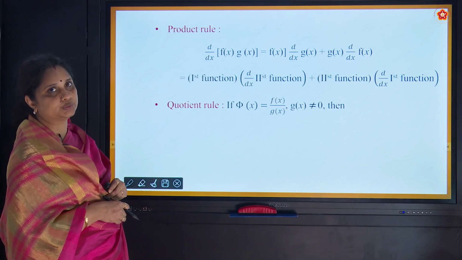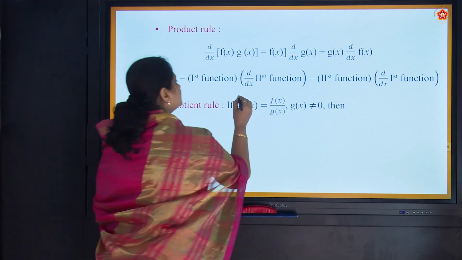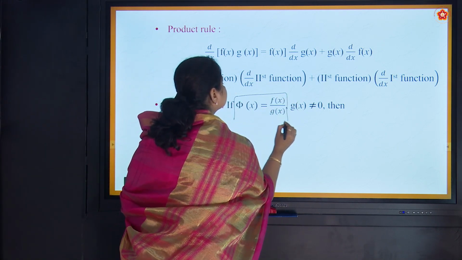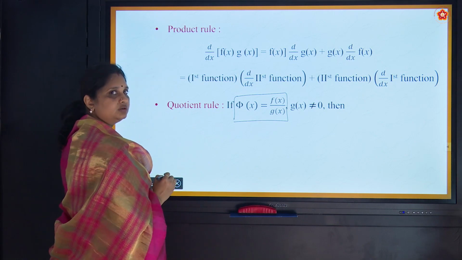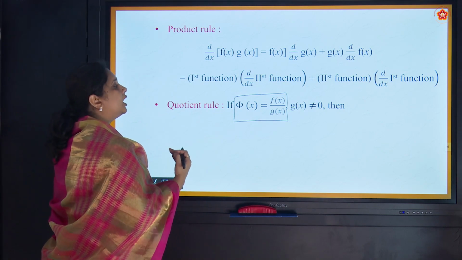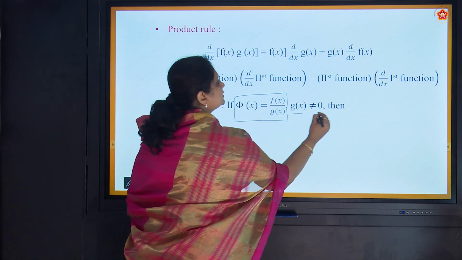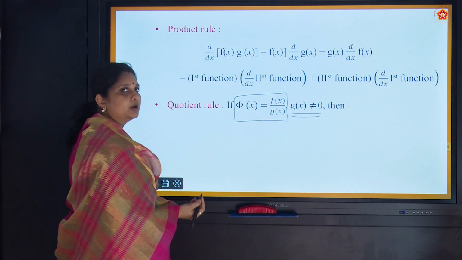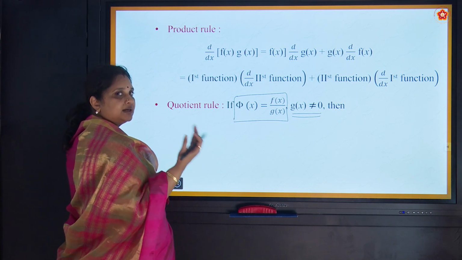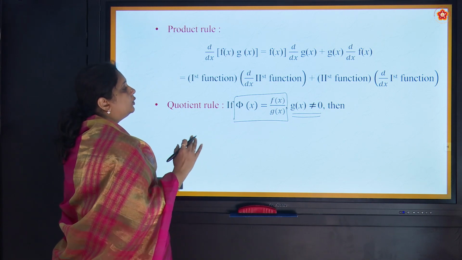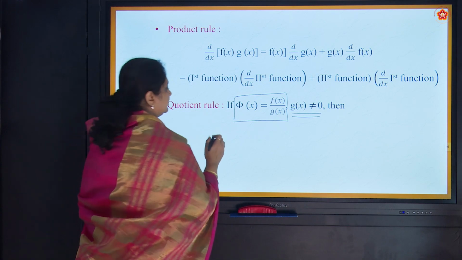Now comes the quotient rule. If any function is represented as a rational function, two polynomials, or a quotient of two functions, with the denominator not leading you to 0, because in that case the function becomes undefined, right? So how do you differentiate this particular function?